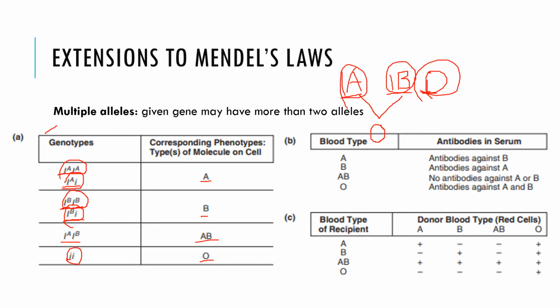No matter how many alleles there are in a series, Mendel's law of segregation remains intact, because in a sexually reproducing organism, the two alleles of a gene separate during gamete formation.